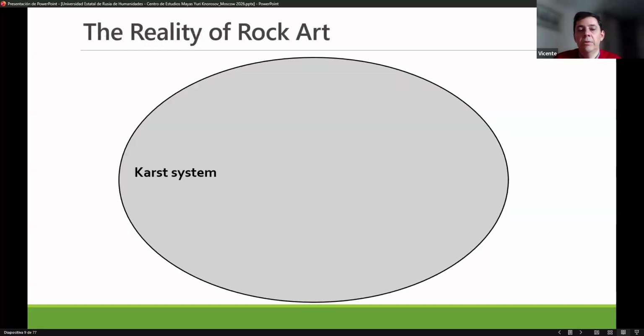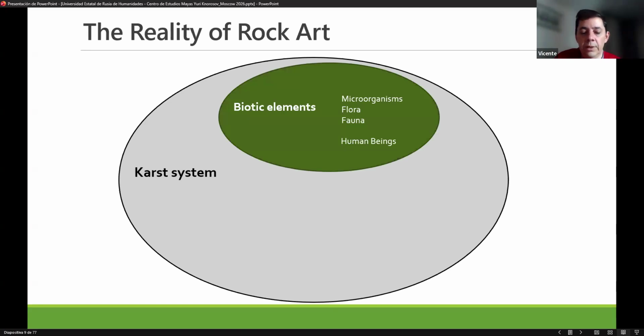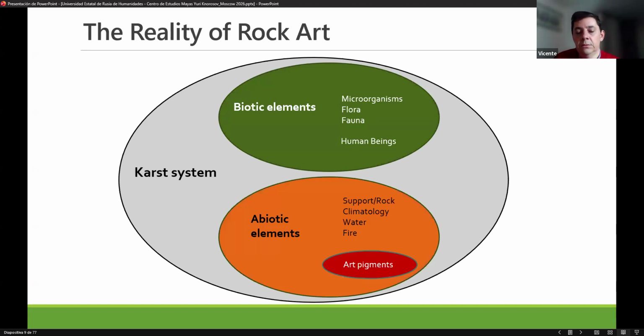And what is the reality of a cave and the rock art? So when you are working in a cave with heritage or cultural heritage, usually you are working in a karst system. In this karst system, you have some biotic elements like microorganisms, flora, fauna, and even human beings, and some other abiotic elements. Abiotic elements is what is not biotic, so not living.